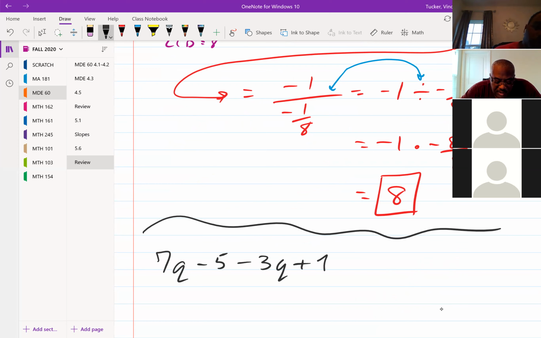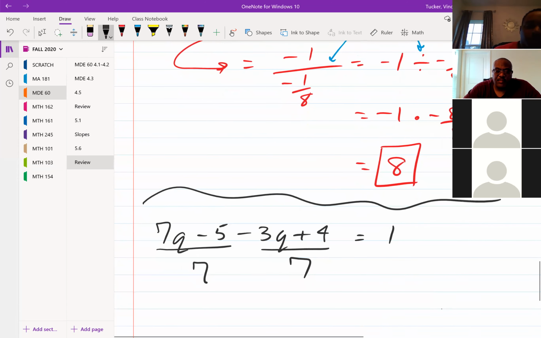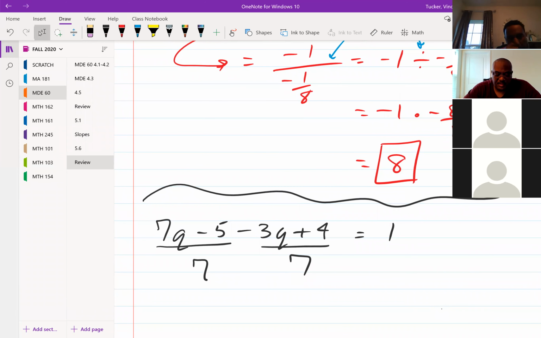That's in the numerator. Equals 1. The denominator both has 7. So am I putting a 7 under that or both of them has 7? Nothing under the 1? No. But when we multiply, that's what trips me up with this sometimes.